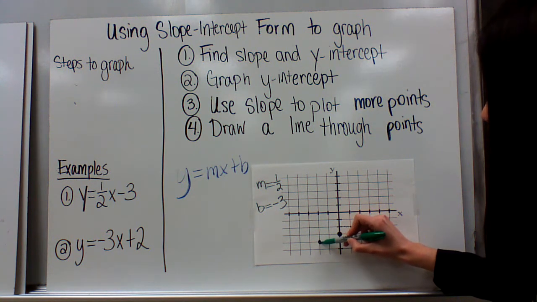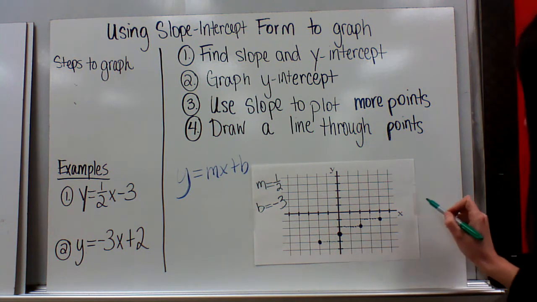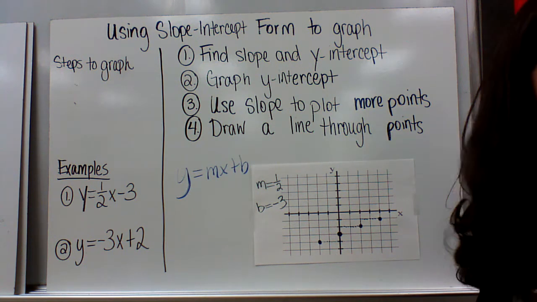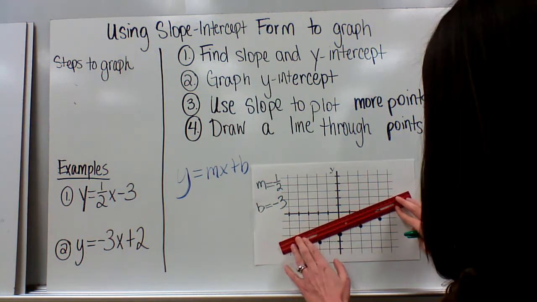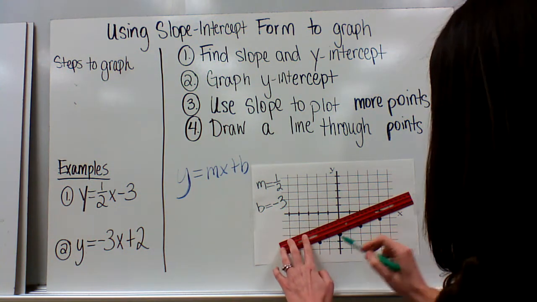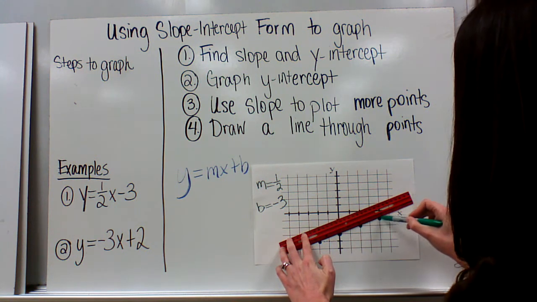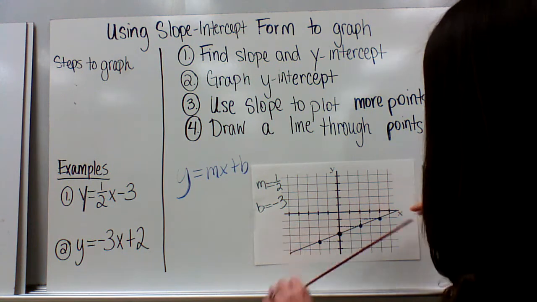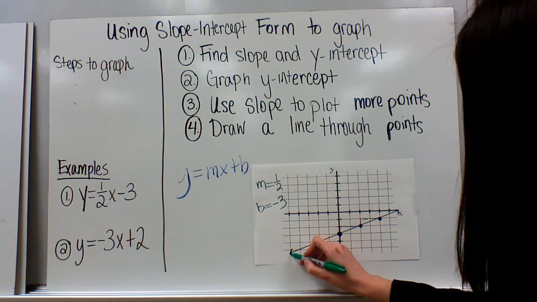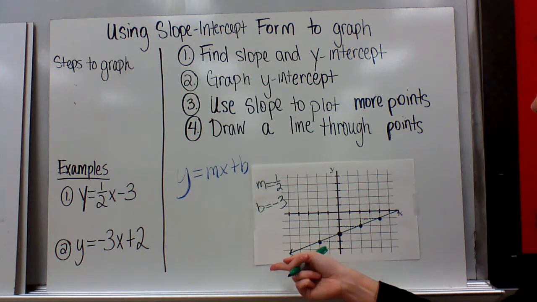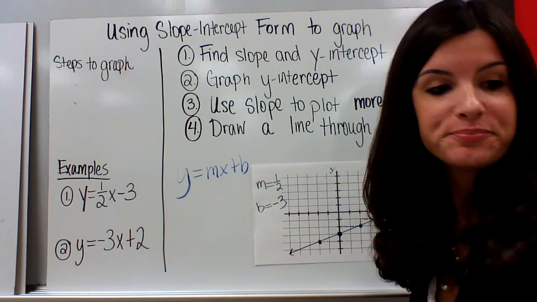As long as you're doing the opposite of both, it will keep that linear relationship. And then my last step is to draw a line through the points. So I'll line up my ruler, and I'm drawing my line all the way through the graph, and I put arrows at the end. Okay, don't just connect the dots, draw it all the way through and put arrows at each end of your line.